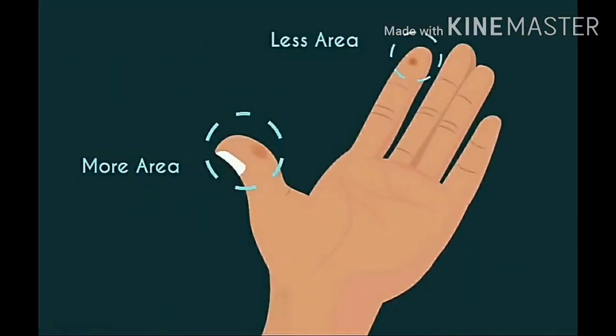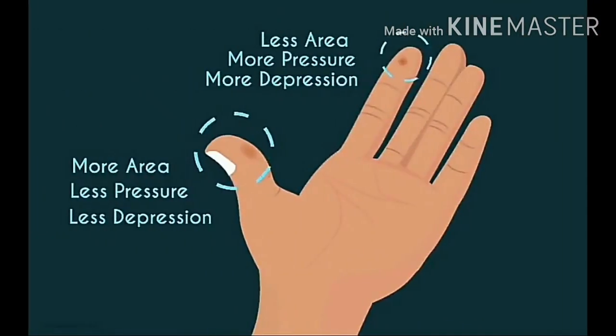You will find that due to the sharp tip of the pencil, the force has acted on a less area, whereas due to the blunt edge of the pencil, the force has acted on a larger area. Hence, the lesser the area, the more will be the pressure and hence more will be the depression. Whereas larger the area, the lesser the pressure and hence lesser will be the depression.